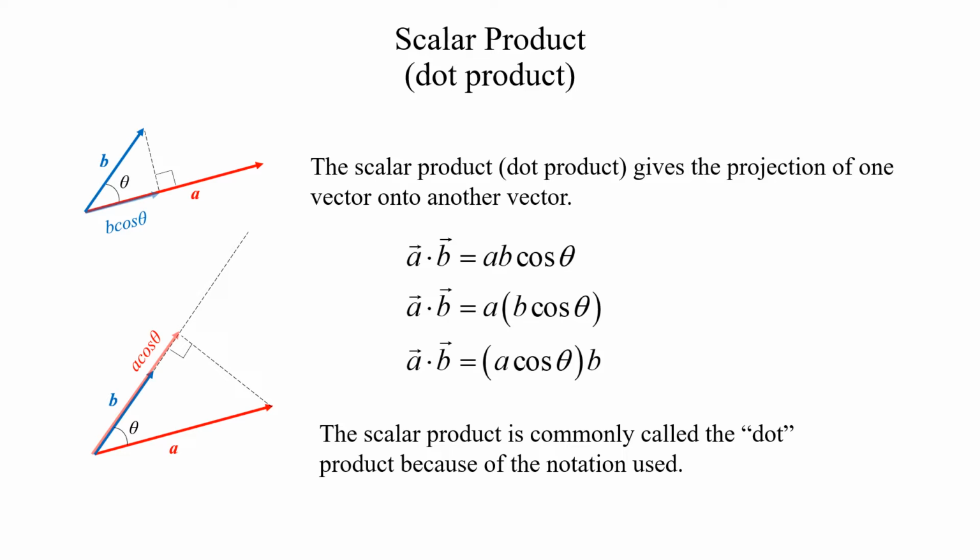So I can take the length of A times the component of B that points in the direction of A, which is B cosine theta, and multiply those together. That gives me the dot product. Or in the bottom diagram, I see the component of A that points in the direction of B is A cosine theta. So I can take that length, A cosine theta, times the length of B. So I get the projection of one vector onto another.